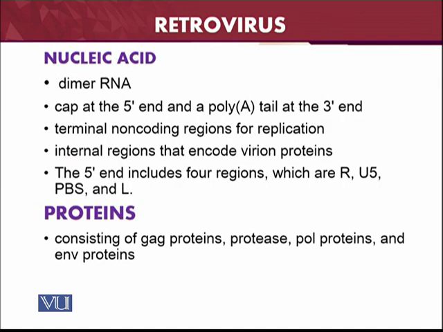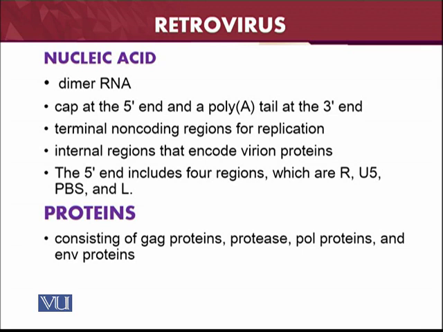Then the nucleic acid: two identical copies of RNA are present, which form the dimer RNA, with the cap at the 5' end and the poly-A tail at the 3' end. The cap is for initiation and the poly-A tail to terminate. The terminal non-coding regions for replication are present, and internal regions encode the virion proteins.